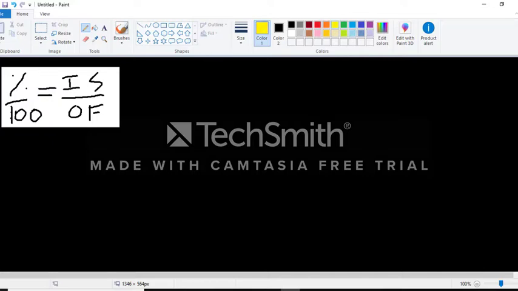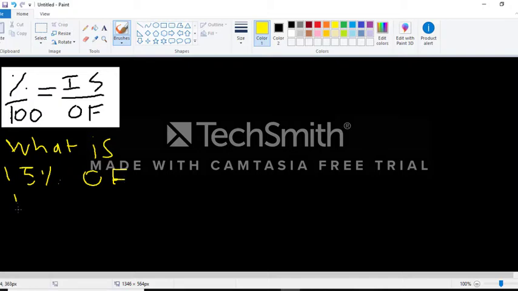So the question is, what is 15%? Because that's the minimum, folks. 15% of, let's say you go on a dinner date and the check is $103. So what is 15% of $103?